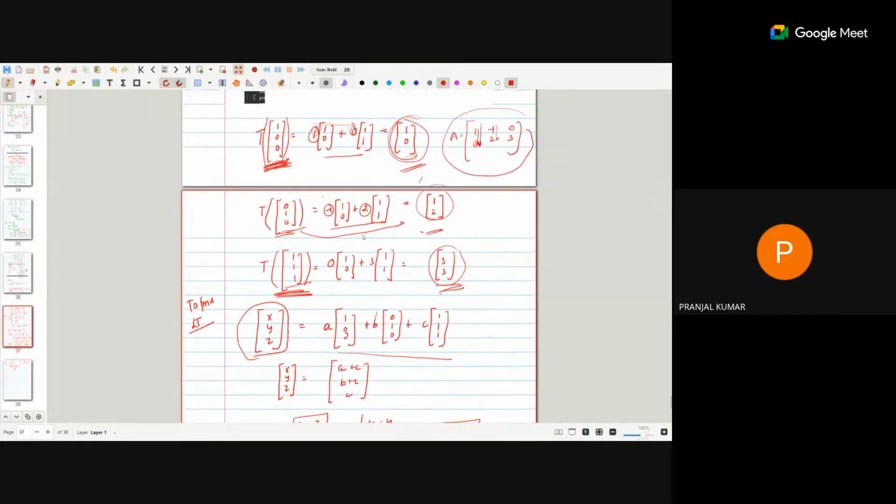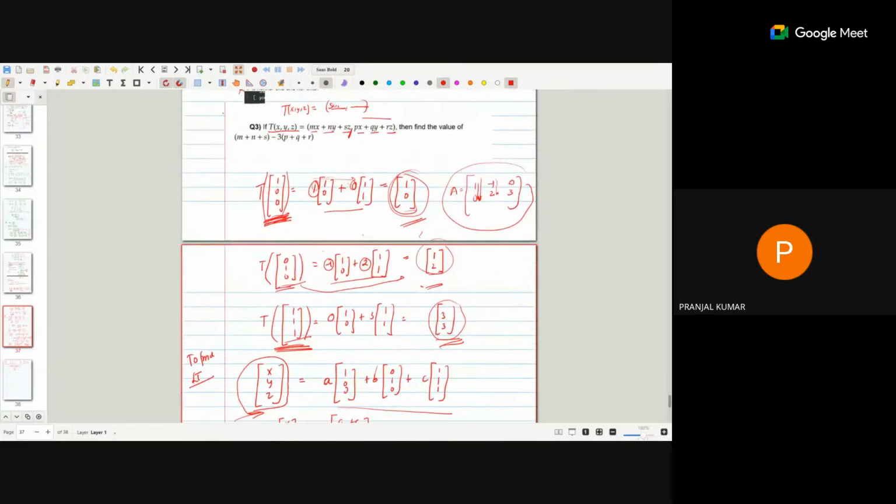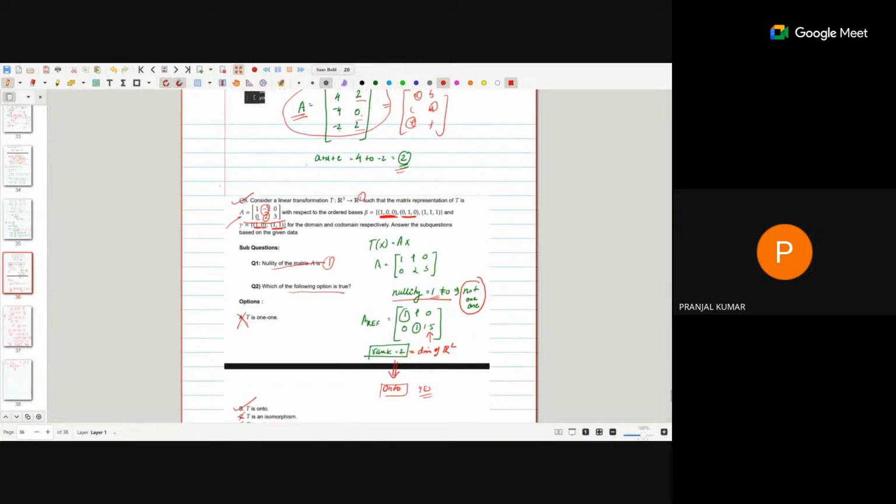Okay, so the important part in this was finding the linear transformation itself. And before finding the linear transformation, you need to have 3 images of basis vectors. So that's why we backtracked it from this matrix. That's why this was given to us beforehand, to calculate the images of these.